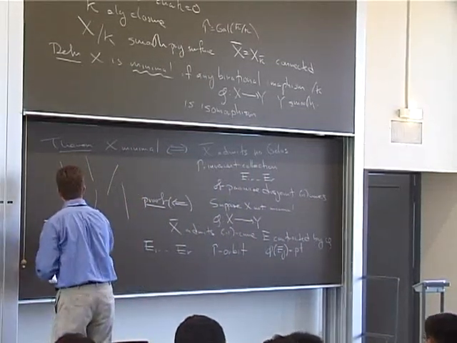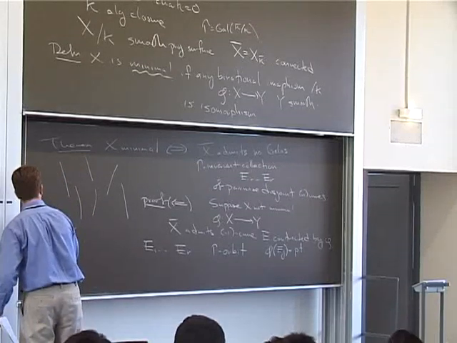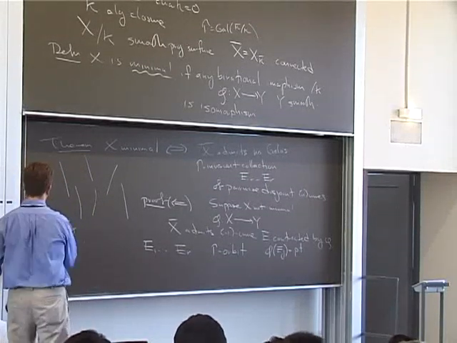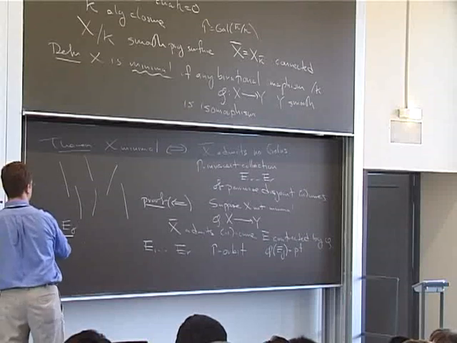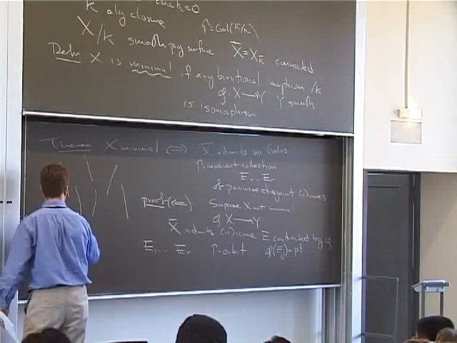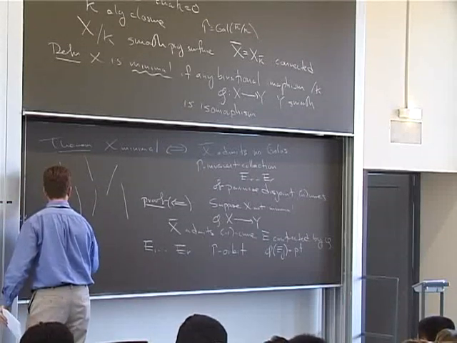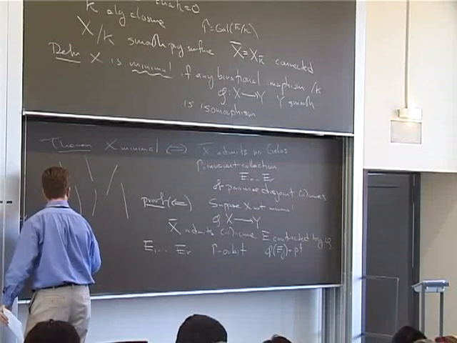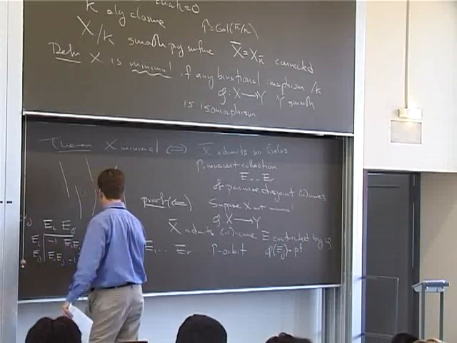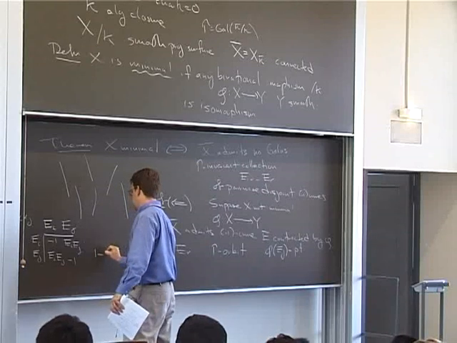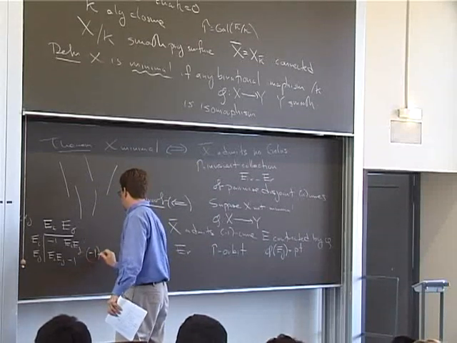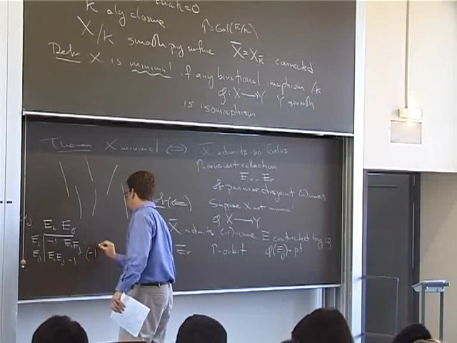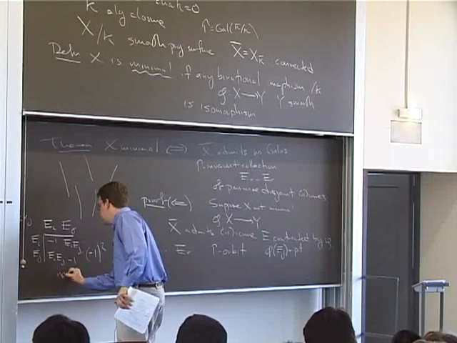So if I have two distinct elements here, I can look at the intersections, and I see that this is negative definite.